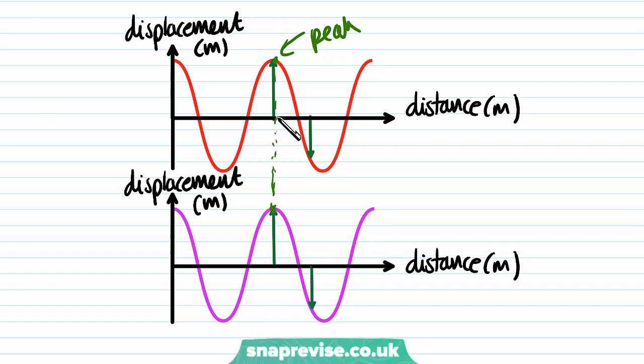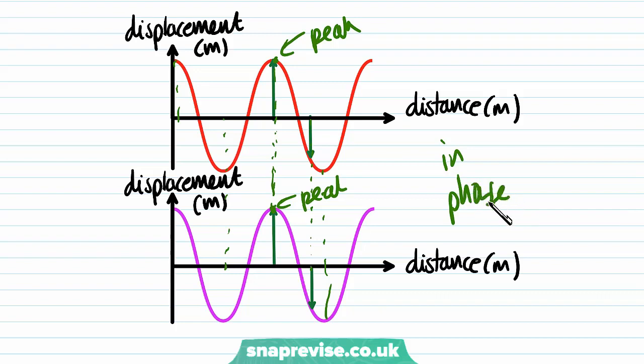The points that are at the same position along the wave also have the same displacement within the wave cycle. And that's the same case for these 2 points, and also for all these troughs and all the peaks and all the points of 0 displacement. So all the points are overlapping, which means these 2 waves are in phase.